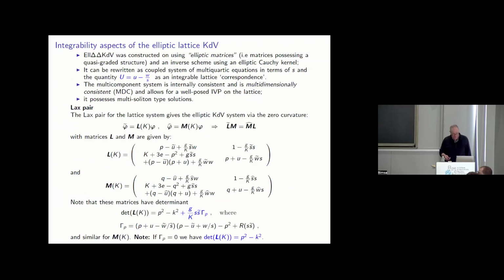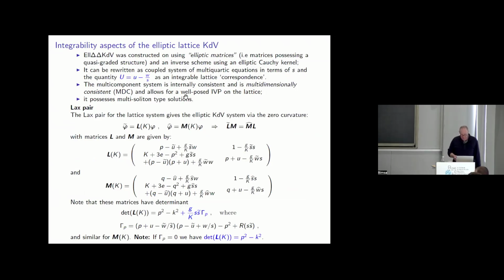Okay, so that is the dressing thing. So what about the integrability aspects? Well, as I mentioned, the way we constructed this system, and I go into that a little bit later, is using a technique, a kind of very formal technique. So it has no mathematical rigor, but it works actually, and that's what I call elliptic matrices.